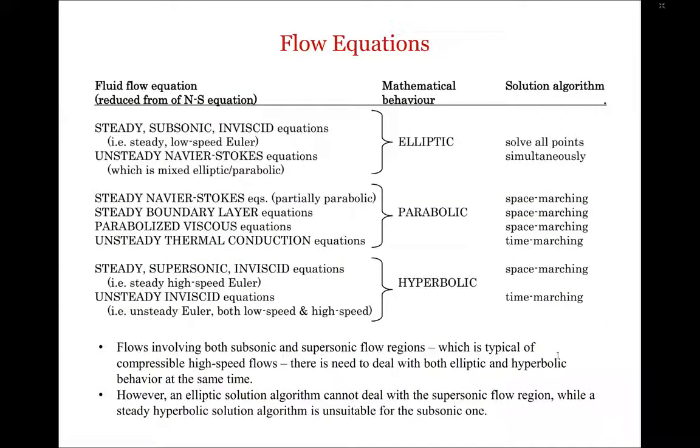Flow equations: steady subsonic inviscid equations and unsteady Navier-Stokes equations have elliptic mathematical behavior, and the solution algorithm solves all points simultaneously. Steady boundary layers, parabolized viscous equations, and unsteady thermal conduction are parabolic, so the solution algorithm involves space marching and time marching.